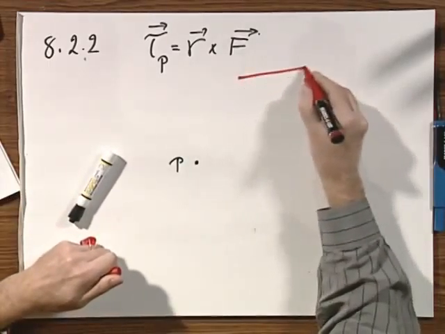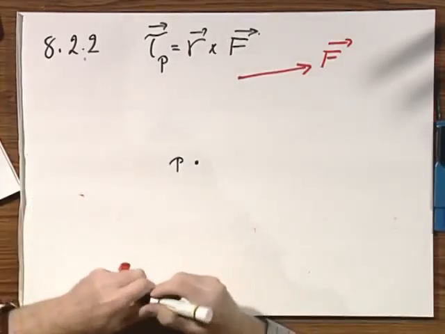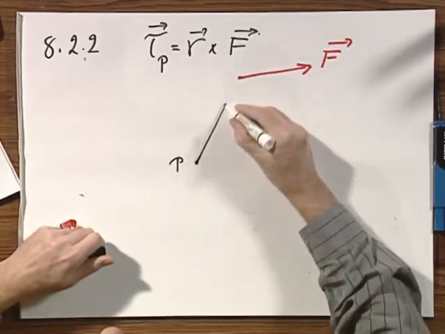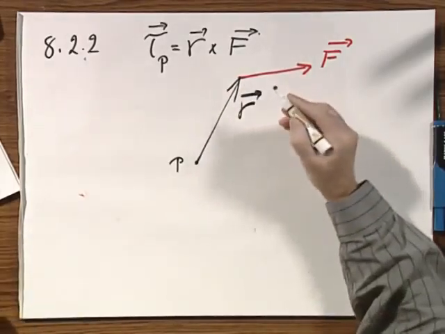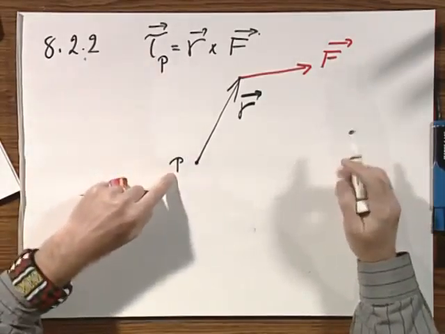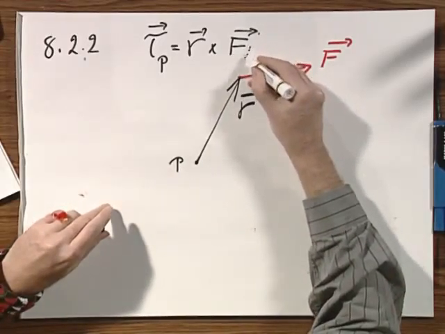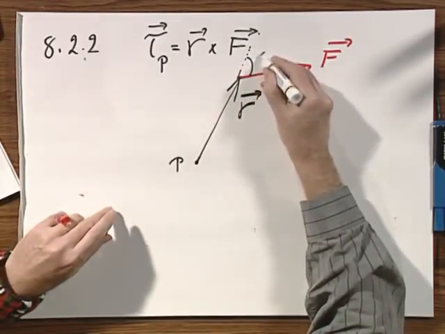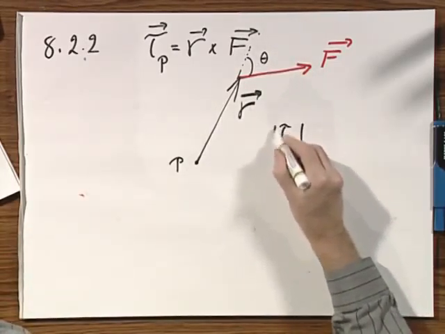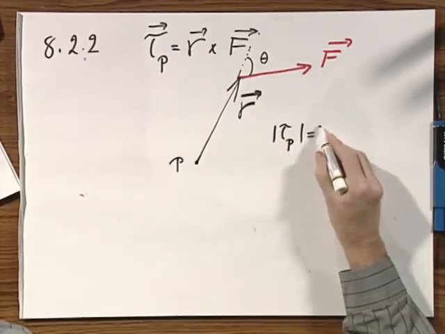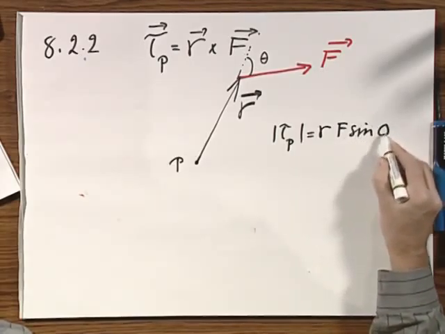And let's assume there is a force here. Then the definition of the torque relative to this point, this is the position vector, so to speak, measured from P. Then the torque relative to point P is the cross product between r, this vector, and F. And if this angle equals theta, then the magnitude of the torque, not talking about the direction, equals the magnitude of r times the magnitude of F times the sine of theta.